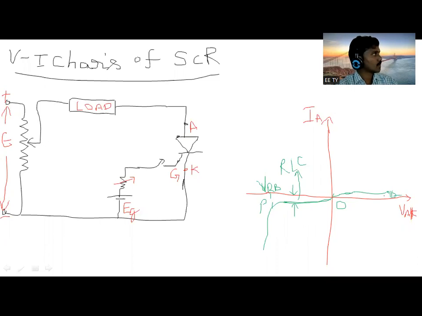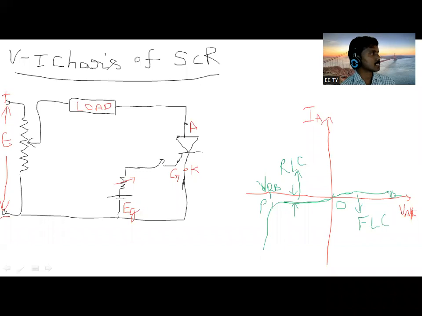O, P, Q, R, S, R, 1, 2, 3. Just points. You can represent the points. So what is this one? This is a leakage current, right? What can we write here? FLC, forward leakage current.